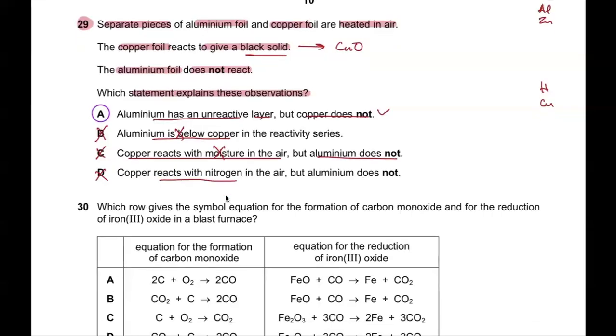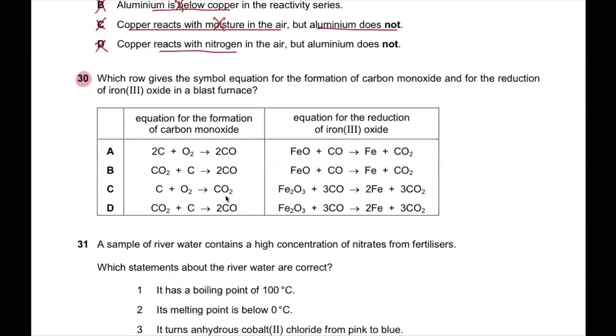Now MCQ number 30. Which pair gives the simple equations for the formation of carbon monoxide and for the reduction of iron(III) oxide in a blast furnace? For the formation of carbon monoxide, initially carbon dioxide is formed, and the carbon dioxide going upward in the blast furnace reacts with more carbon coming downward to give 2 moles of carbon monoxide.